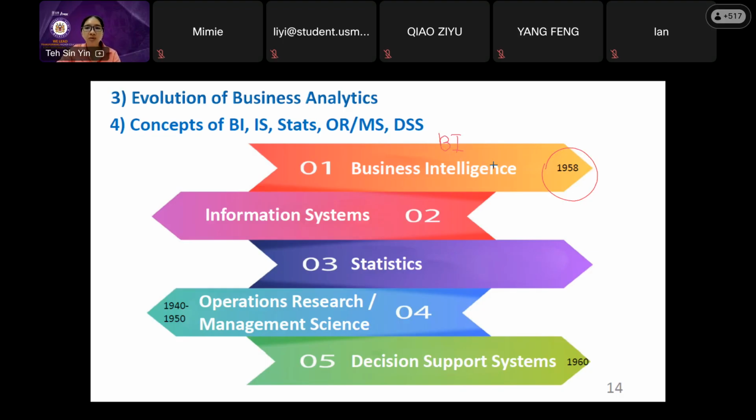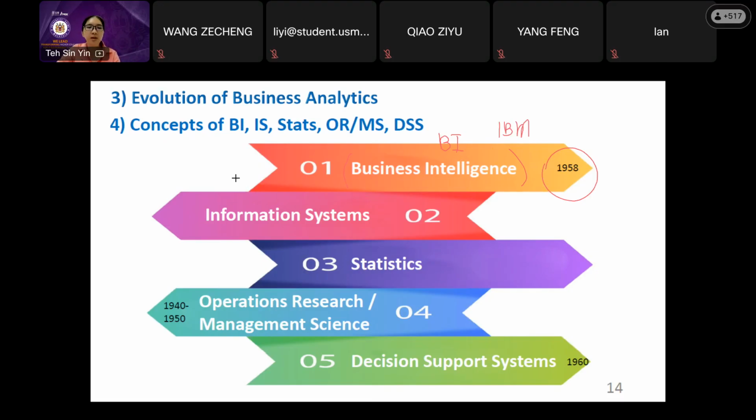We try to do some management, some analysis and some reporting of the data. This term started from IBM, a very popular company. IBM researchers called themselves business intelligence or BI specialists, starting from 1985.